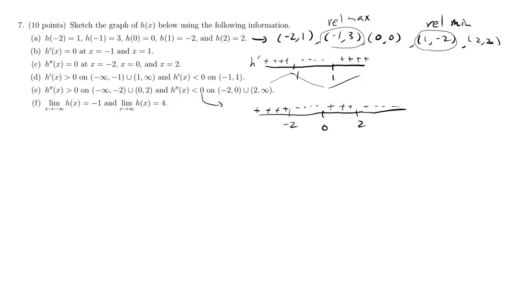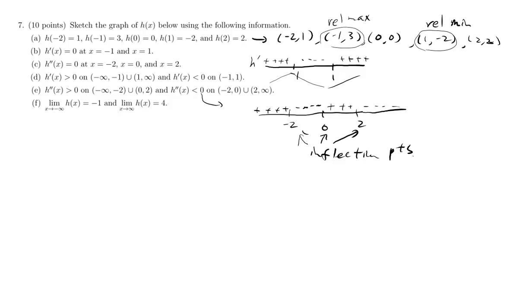Now, we do see that there's a change in concavity before and after these points. So these are all inflection points. In very rare cases, you may have plus, plus, plus, and it might hit 0 and then plus, plus again. In that case, those are not inflection points.